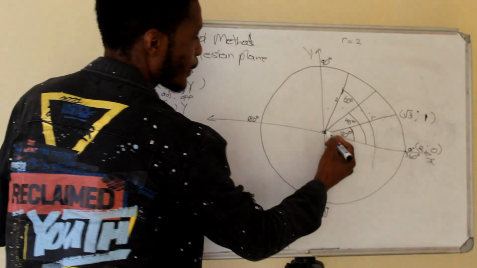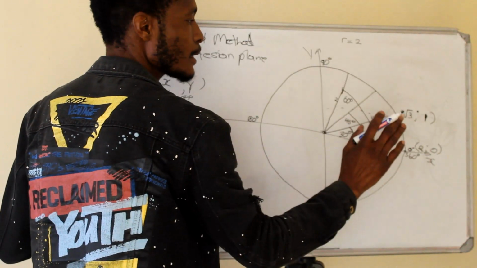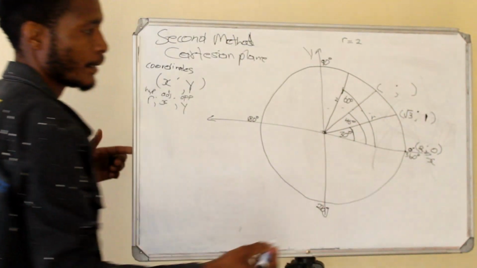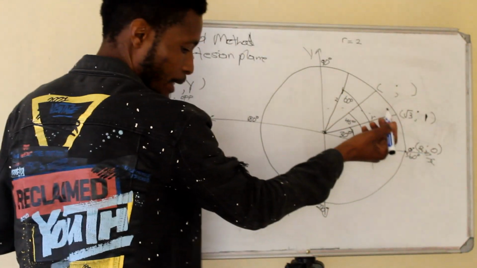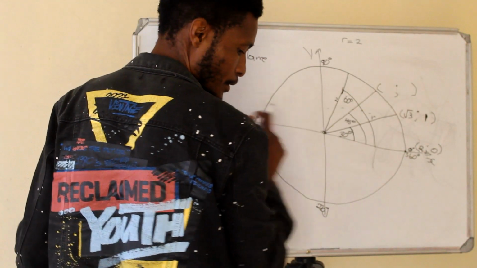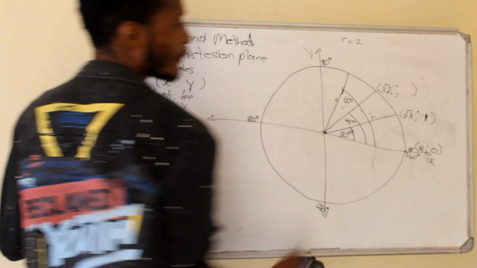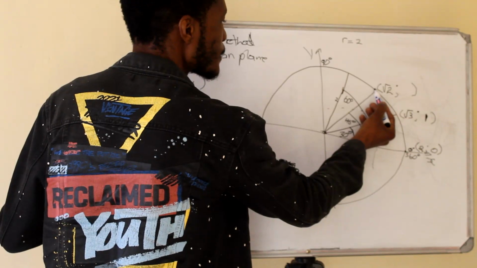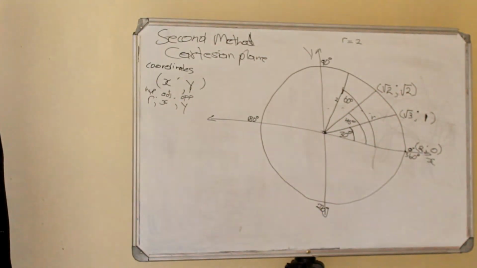And then we go up again. That's at the 45 degrees. Remember, r remains constant, but the values for x and y are changing. Now for 45 degrees, my x will be square root of 2, because this distance from here to here will be equal to the distance from there to there. That's going to be square root of 2 again for your y.